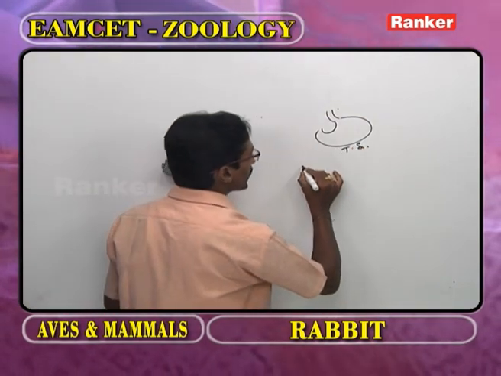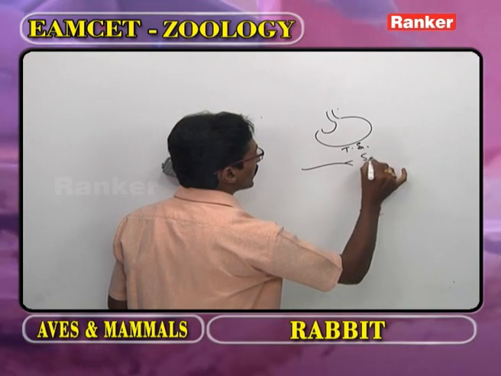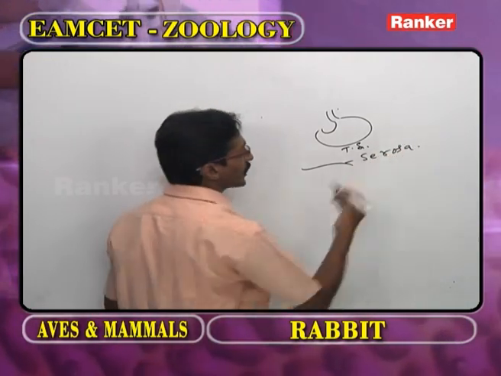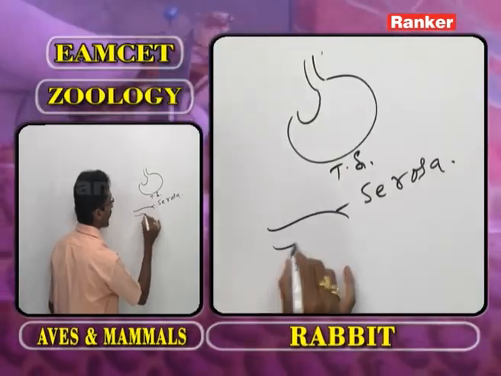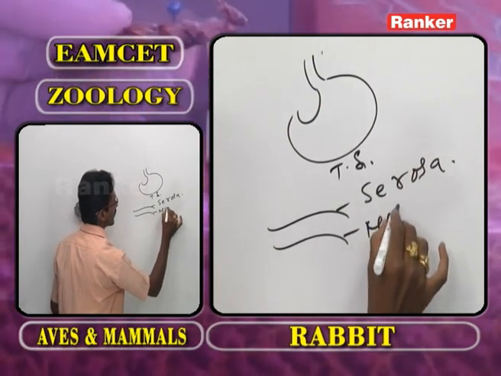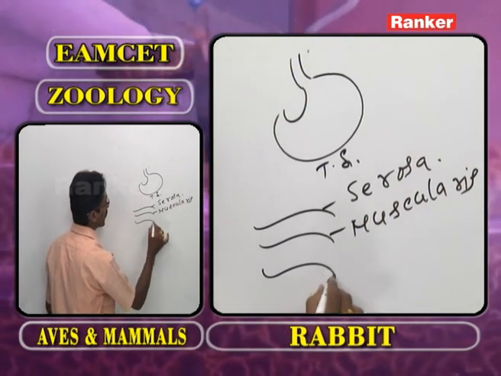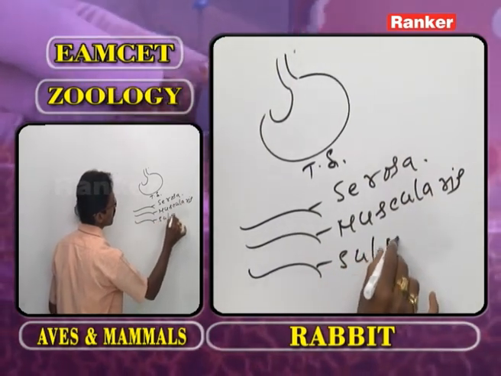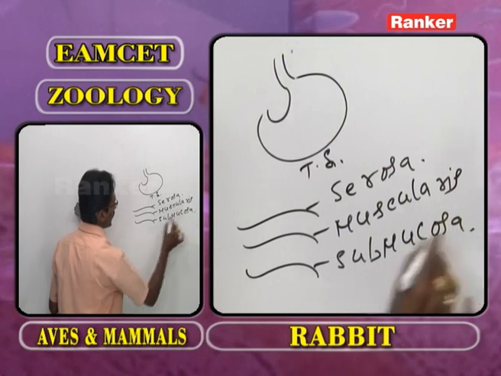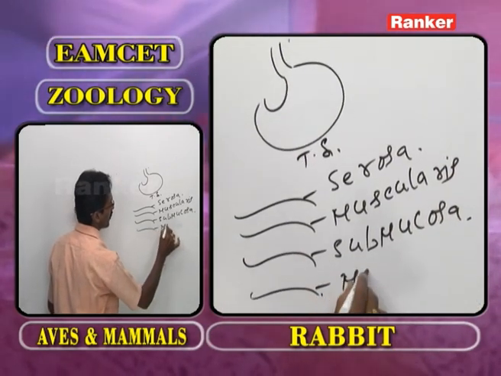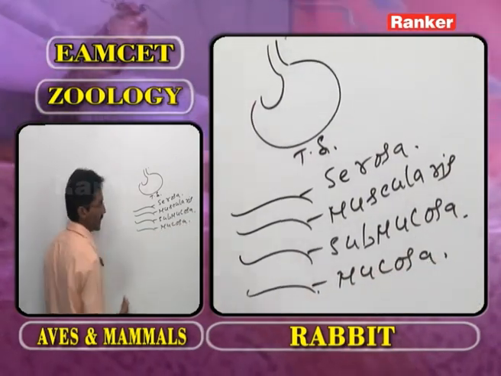As we observe the transverse section of stomach, the first layer is serosa, and the second layer we call it as the muscularis, and the third one we call it as submucosa, and the innermost layer we call it as the mucosa.